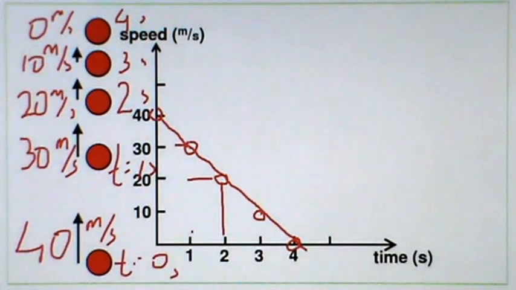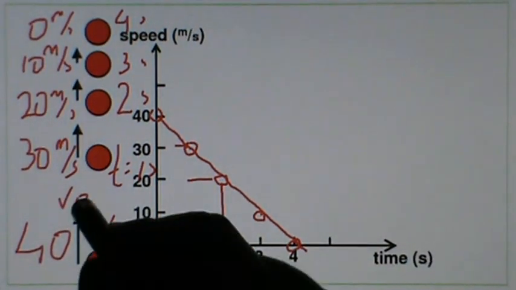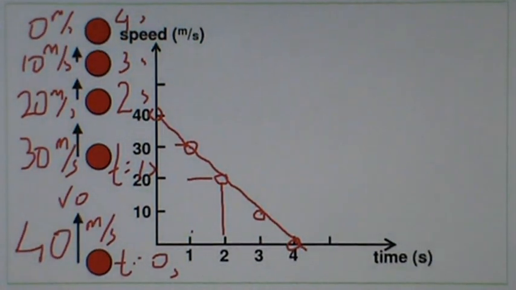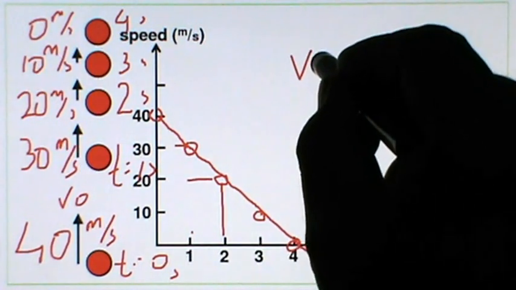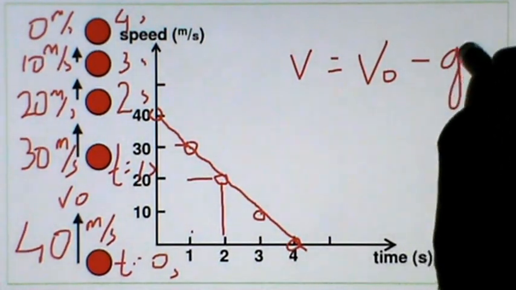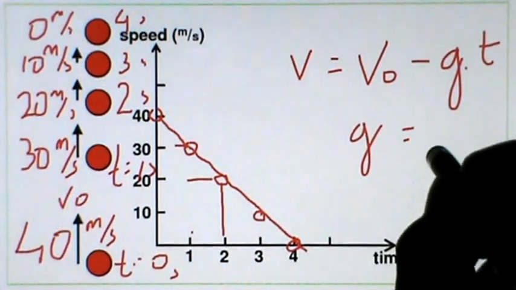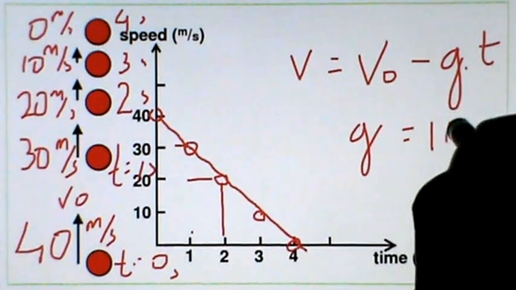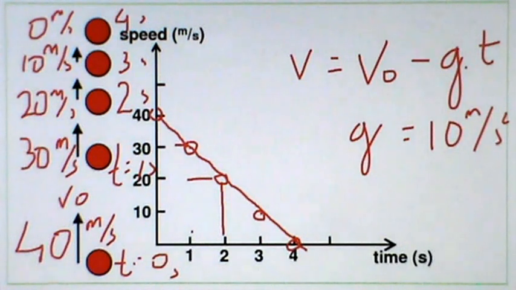So in general, for a motion which has an initial speed, let's say v0, and then gets the gravitational acceleration, after t seconds the speed will be v0 minus the gravitational acceleration g times t, where g is 9.8, or we can also use 10 to simplify our calculation.